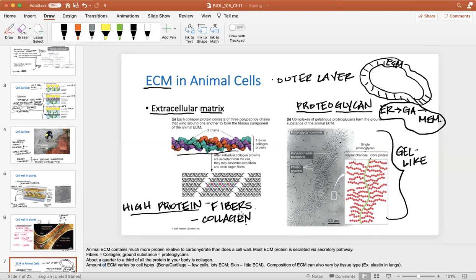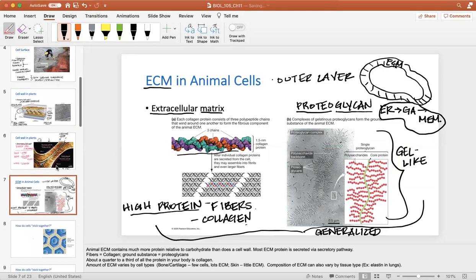And this is a very generalized case for what this extracellular matrix looks like in animals, I'm going to write this is in general. It can vary by the type of cell. So for example, you guys know that if you're talking about bone, the extracellular matrix has a high mineral composition, particularly calcium, right? Okay, so that's what the cell surface starts to look like in cells.